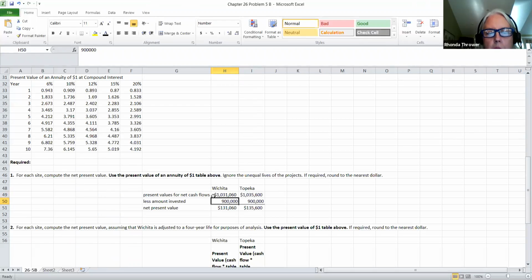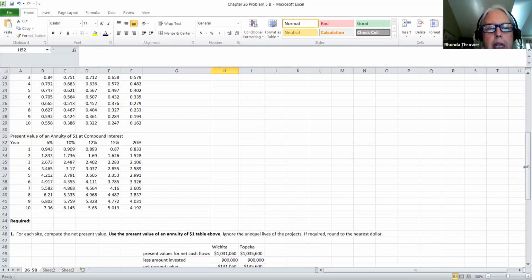The difference between the present value and the amount invested will give you the net present value amount. So for Wichita, the net present value amount is $131,060. We're going to compare that with what happens to Topeka.